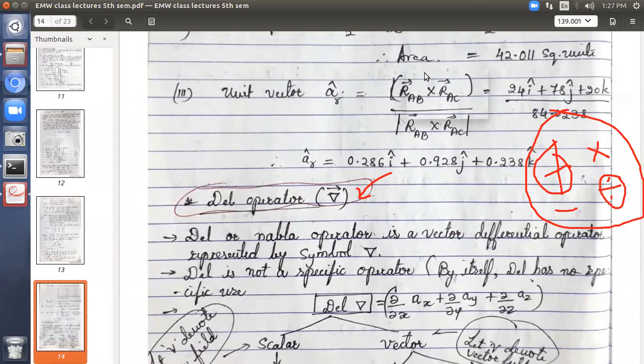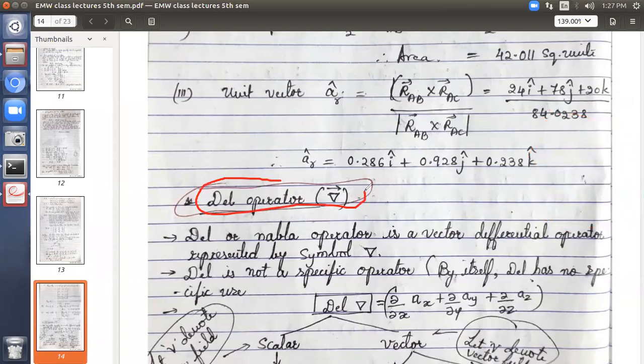Similarly, del, that is the inverted triangle with the arrow mark, is one operator which we use in vector algebra or vector calculus. It plays a very important role, just like plus, minus, multiplication, division. Individually it doesn't have any meaning. It has to be associated with something, then only it has a meaning.